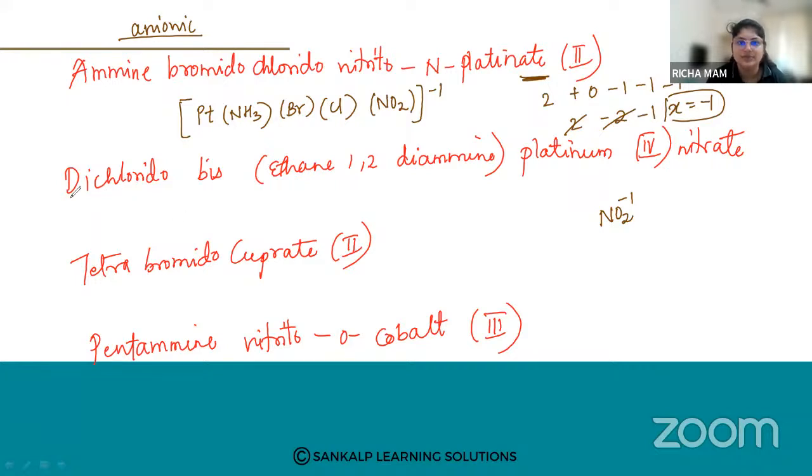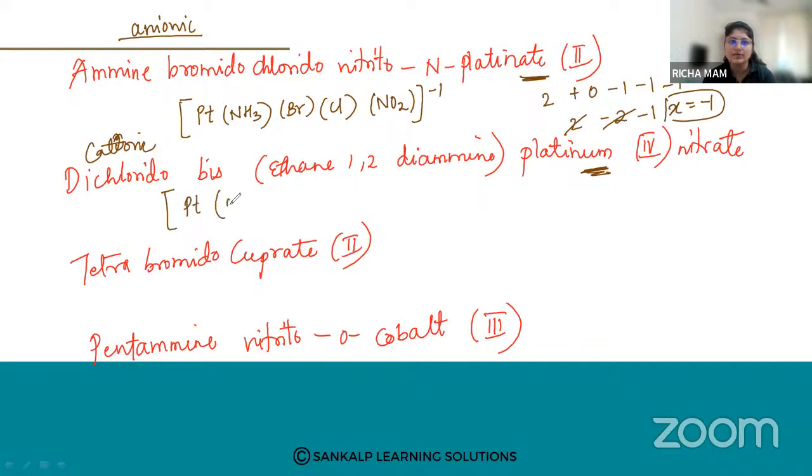Next one. Dichlorido bis ethane 1,2 diamine platinum nitrate. Platinum. So this is a cationic complex. So what all will come? So first will be your platinum.